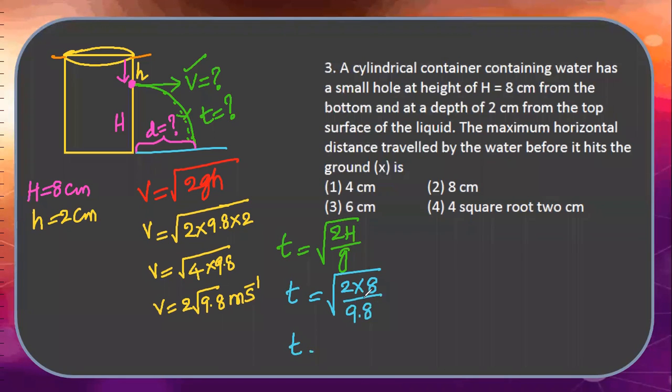So 2 into 8 will be 16, the square root of 16 is 4, so T is equal to 4 divided by the square root of 9.8. This is the time period and this is the velocity.